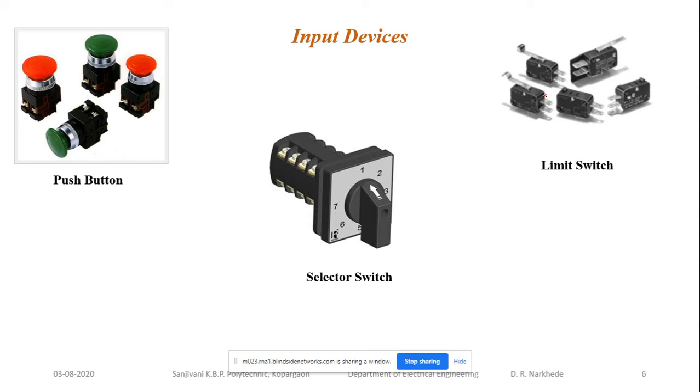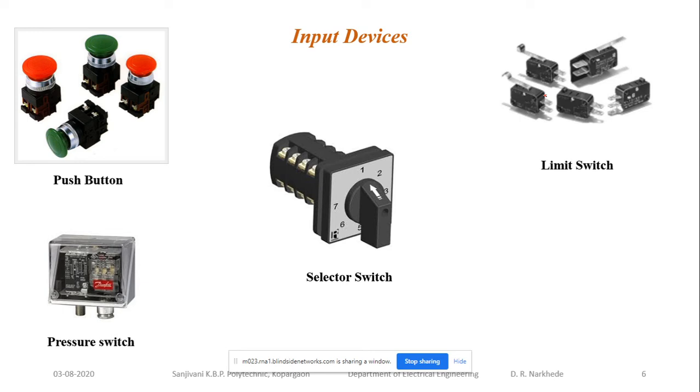So in a selector switch we can operate the fan at various speeds, or you can select the AC supply or DC supply. Or for multiple, if you have more than one option, then you can prefer the selector switch. एकापेक्षा जास्त ऑप्शन जिथे आहेत आपल्याला तिथे आपण सिलेक्टर स्विच प्रिफर करणार आहे.